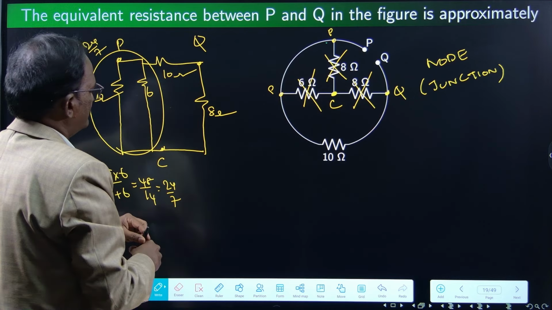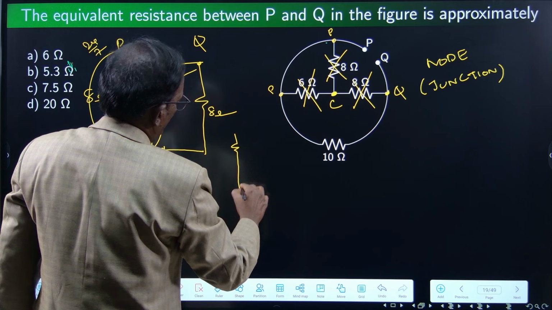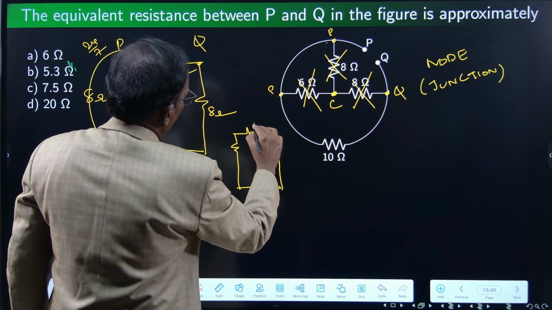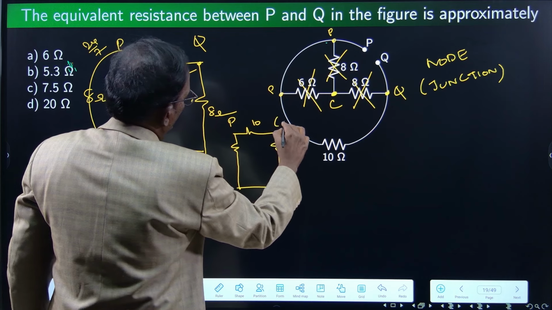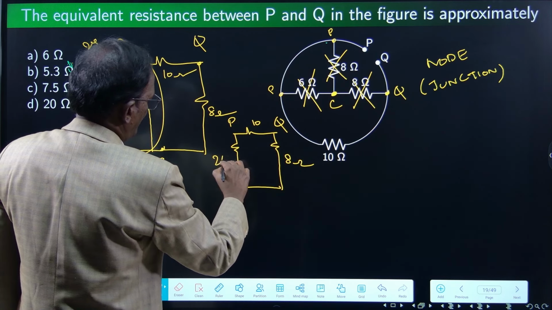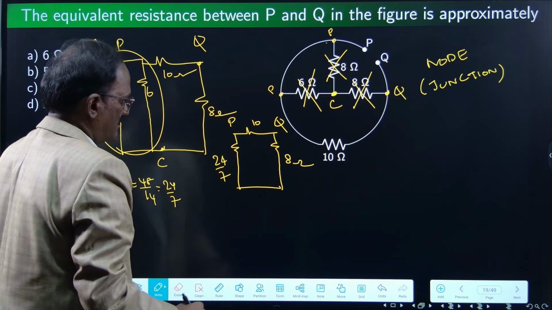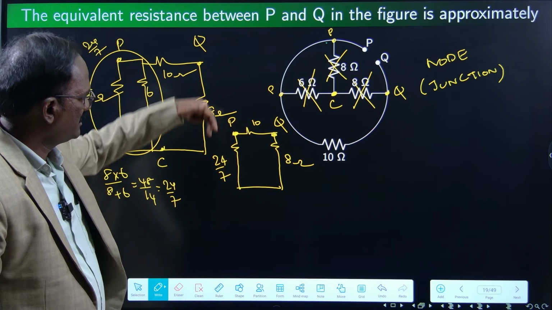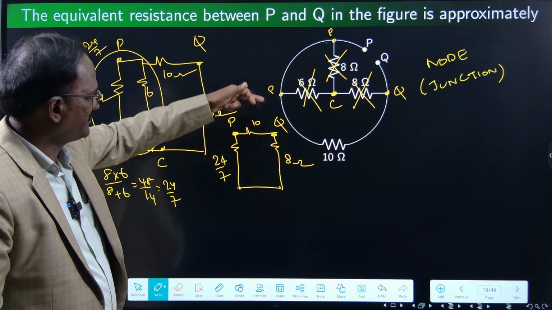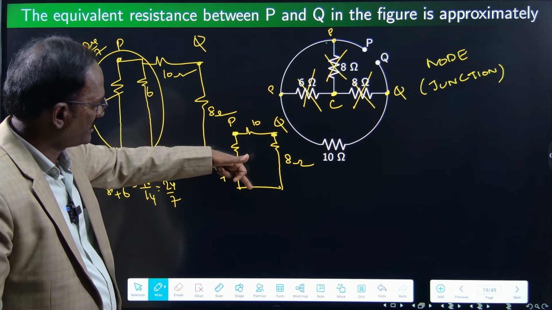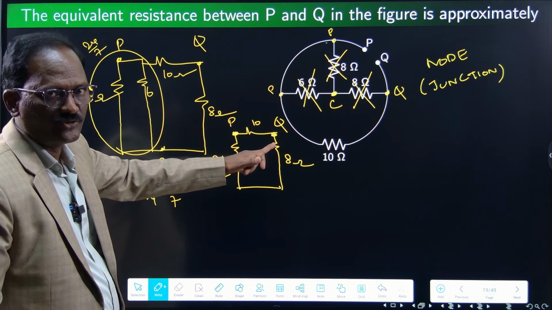Then this is 8, right? This circuit will be looking like this one: 10 ohms between P and Q, 8 ohms, and this is 24 by 7. Right. P and Q, the question is, if a current enters P and leaves Q, the current flows through 24 by 7 and the same current flows through 8 ohms also, right?